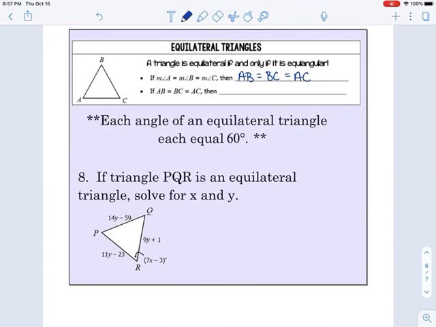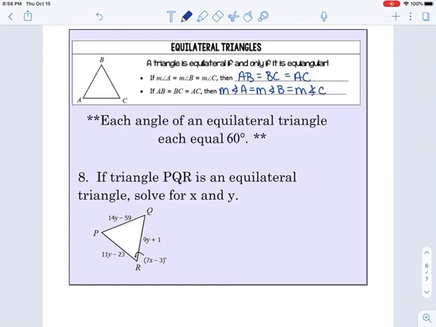And then the exact opposite is going to be true. If I tell you that all three sides are equal, so if AB equals BC, which equals AC, then the three angles will be equal. So the measure of angle A is going to equal the measure of angle B, which is going to equal the measure of angle C.